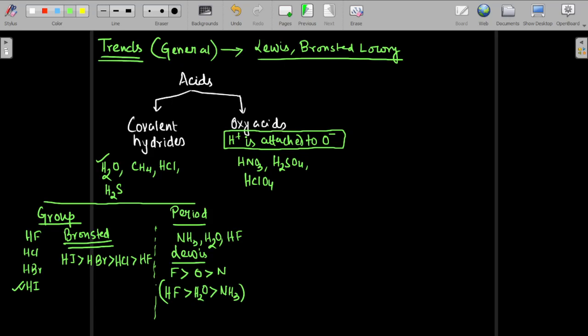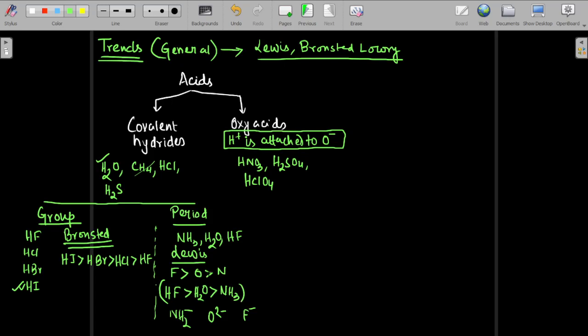Many times they will ask what the basic character is. This is what we are doing about acids. In the same question, they may ask which of NH2 minus, O2 minus and F minus is the most basic. How will we understand?